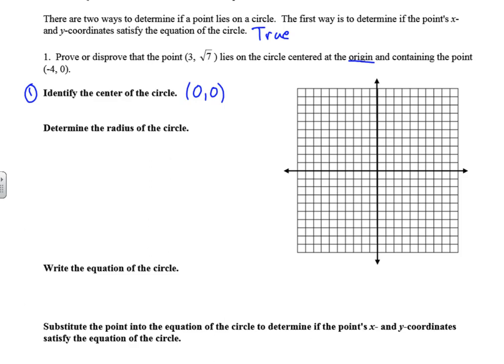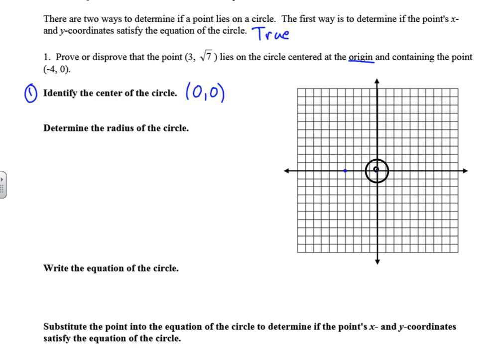We're centered at (0, 0), and it's containing the point (-4, 0). So that means the circle is centered at the origin, containing that point.